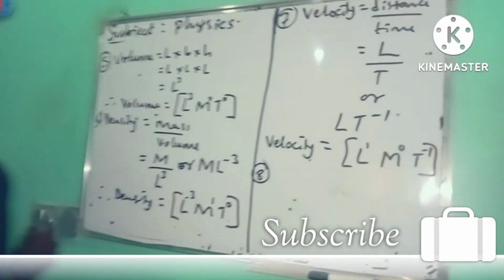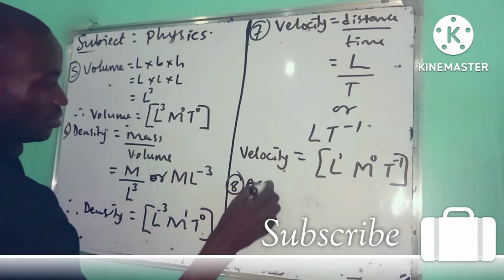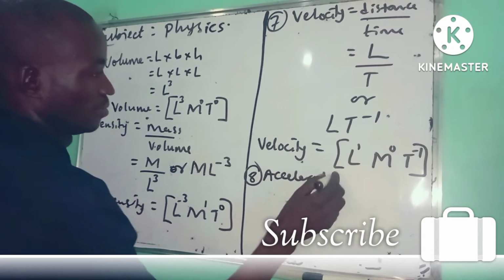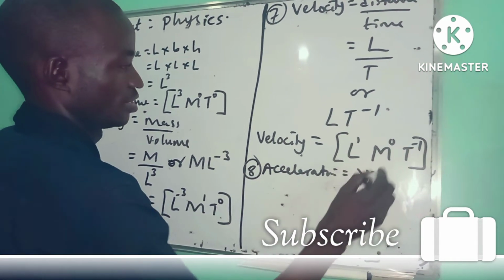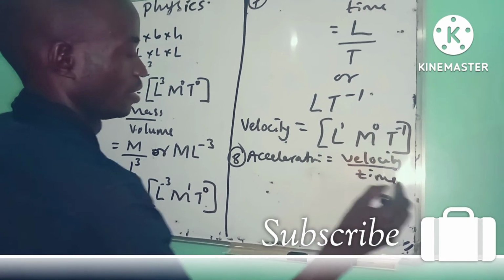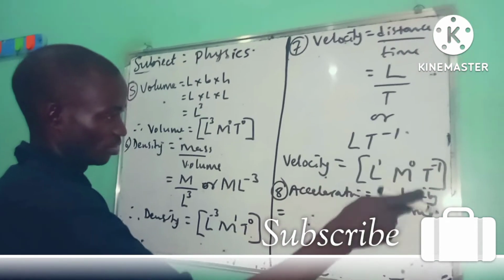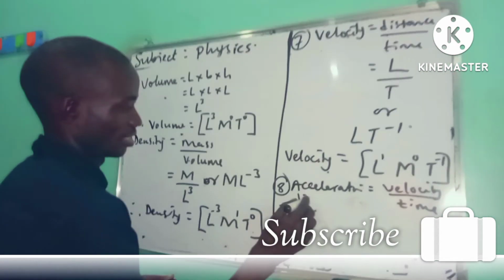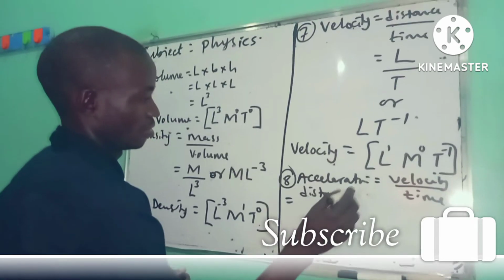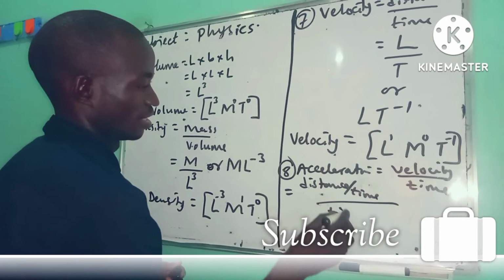Example 8, we have acceleration, which can be expressed as velocity upon time. And this velocity can further be broken down as distance upon time, upon this time again.